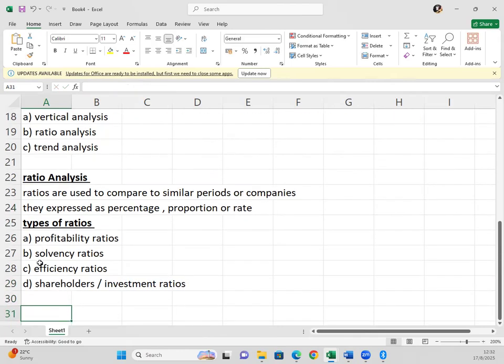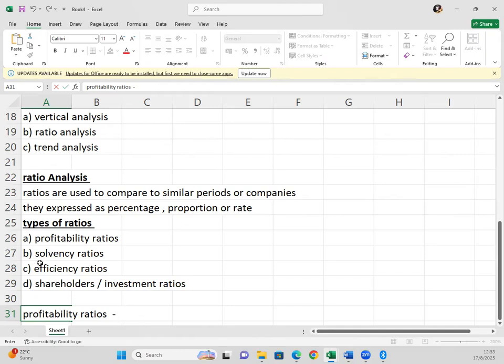So let's start with the ratios that we classify under profitability ratios. These ones are used to measure whether the company has become more profitable or not as compared to the previous period or as compared to a competitor. Is the company becoming more profitable?